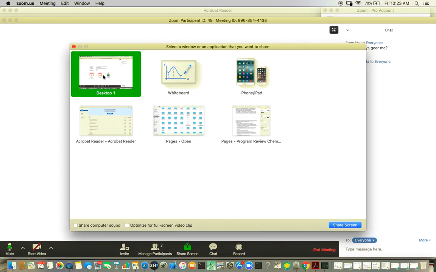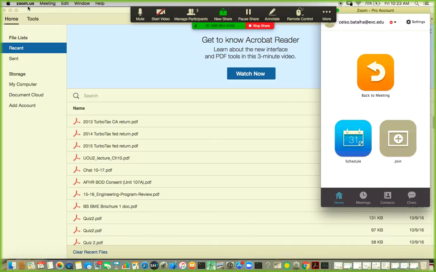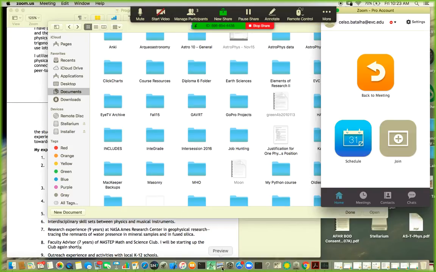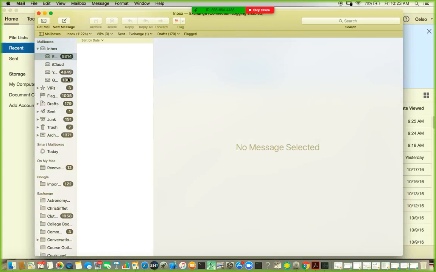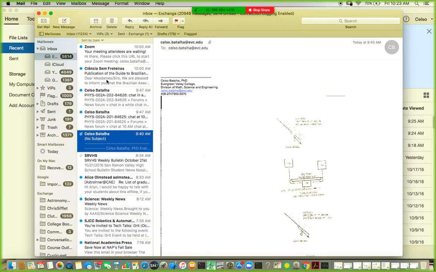Where's my text? No, that's not what I want. Go to toolbar. No, I have to go to my email. It's right here.